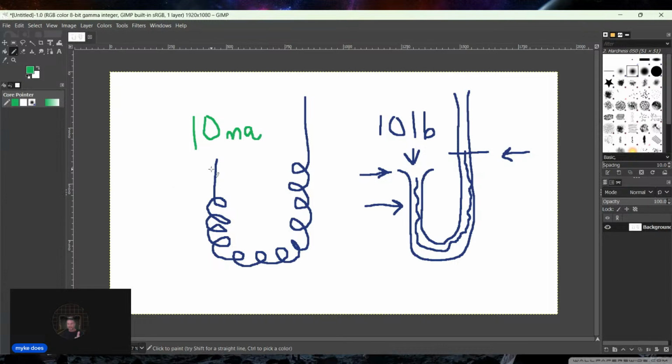So if this coil has, let's say, 10,000 ohms, see here, 10 milliamps. All right, let's say you're giving it 10 milliamps, 10 volts.